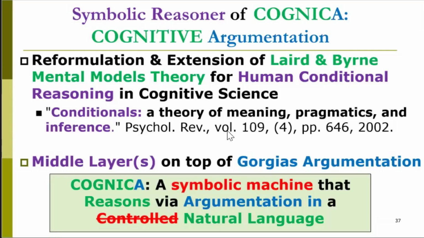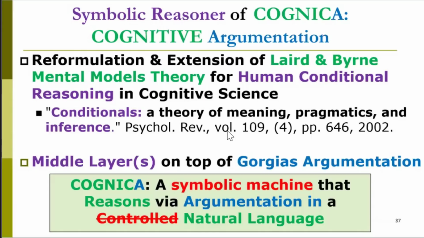And so when we connect it to these conditionals, we know from these conditionals how to translate that into an argumentation. So COGNICA, which follows this cognitive argumentation framework, is a symbolic machine that reasons via argumentation in a controlled natural language.